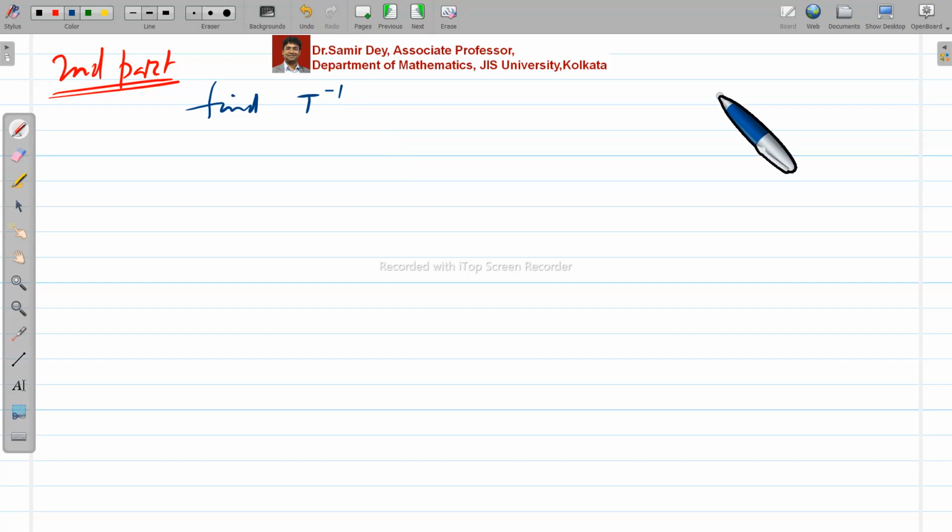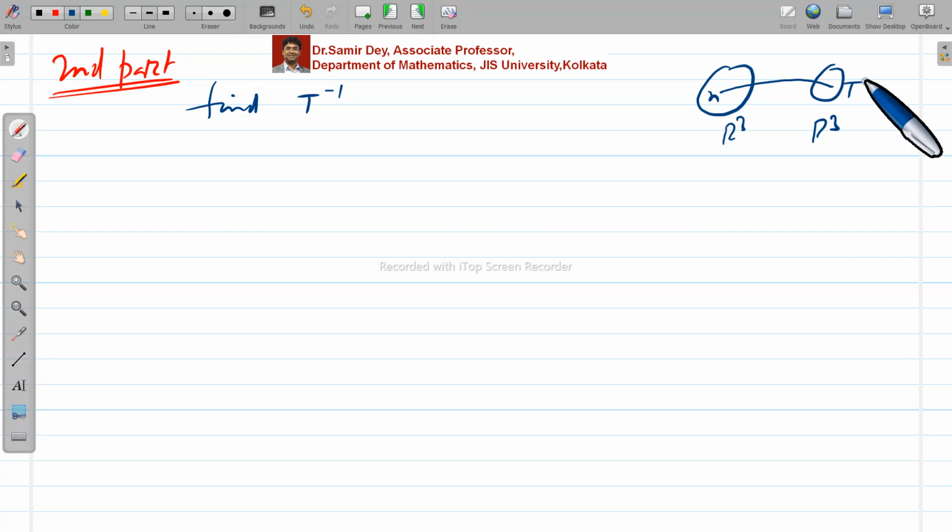The inverse function. So here it is R cube to R cube. So here x, basically it is T of x. If I consider T of alpha, we need to calculate. Suppose if I consider it as y, then alpha is equal to, from here you may write, alpha is equal to T inverse of y. So that means we need to calculate one relation in terms of y, that is called T inverse.